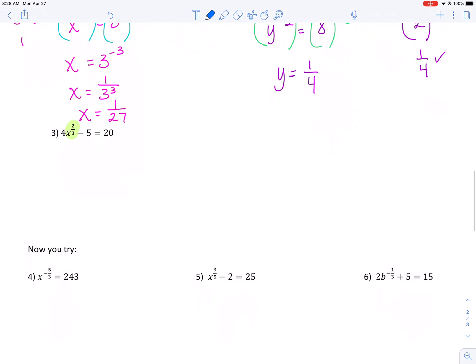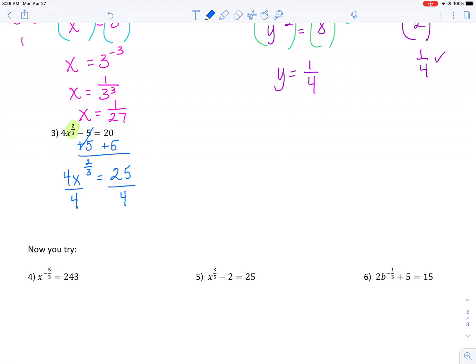The first thing you would have to undo is addition and subtraction. So first, add 5 to both sides. So we have 4x to the 2/3 equals 25. Then, once you're here, you're going to divide both sides by 4.